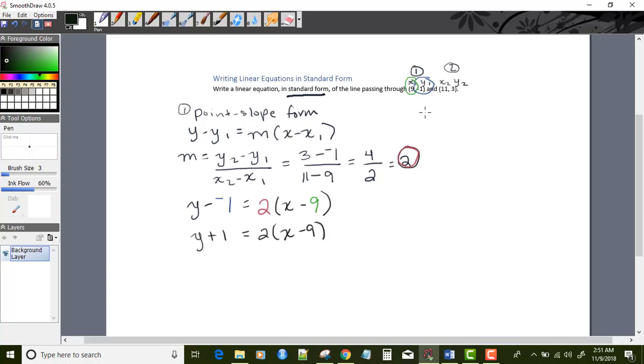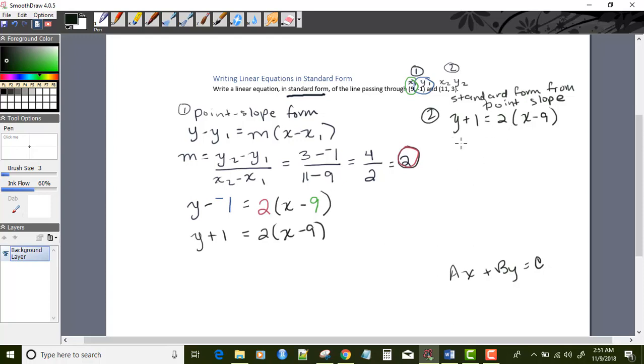Now that I have my equation in point-slope form, I can rewrite it in standard form. So I'm going to go from point-slope to standard. I need it to look like ax plus by equals some constant c.